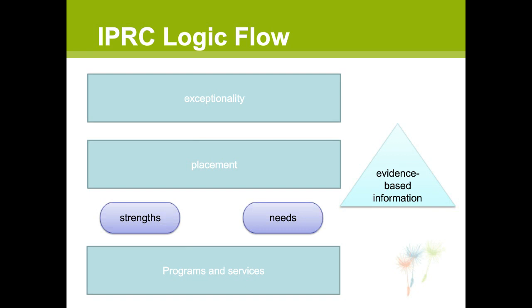Evidence flows to the strengths and needs, and then strengths and needs flow to the programs and services. Again, to remember Emily, the evidence is she's visually impaired. The need is she can't see, she can't walk by herself. Okay, we need programs and services. That's how things flow.